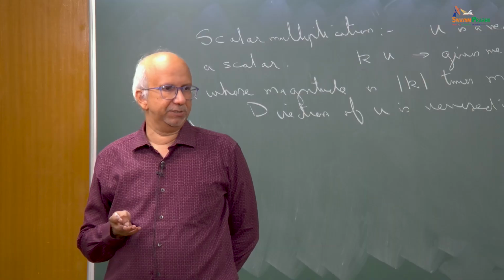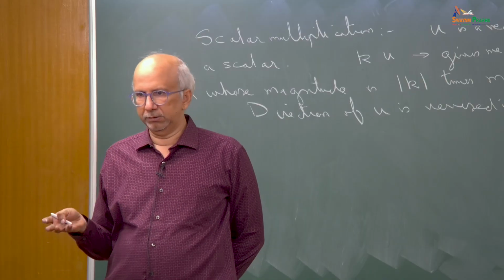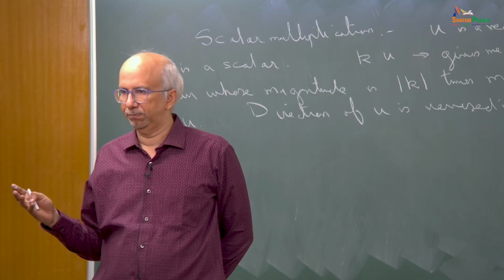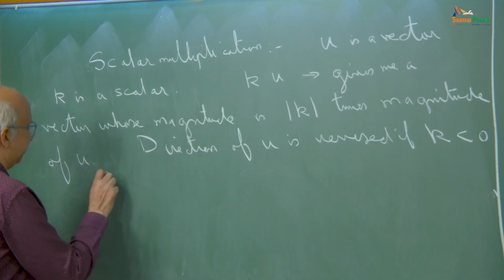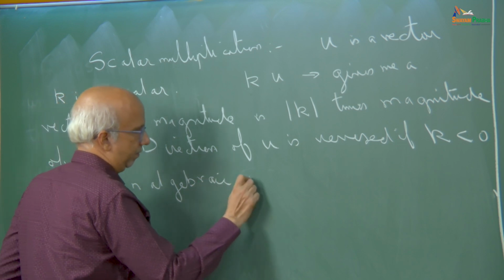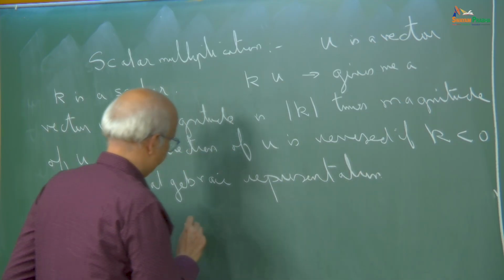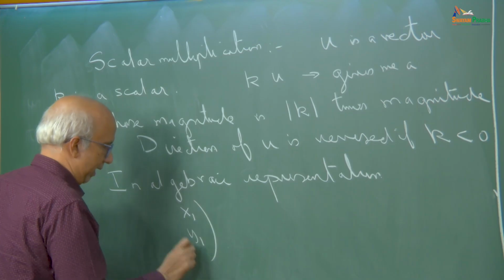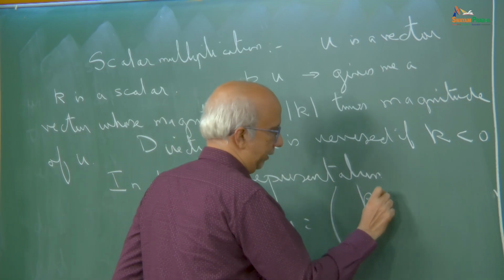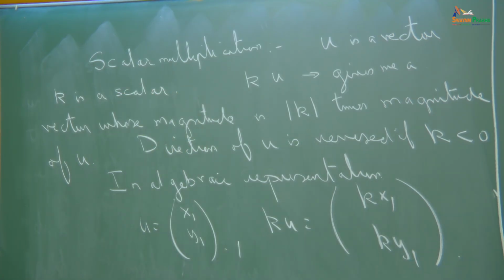In the algebraic representation, if x1, y1 are the coordinates of u, then ku will be kx1, ky1. That is the algebraic way of looking at things.